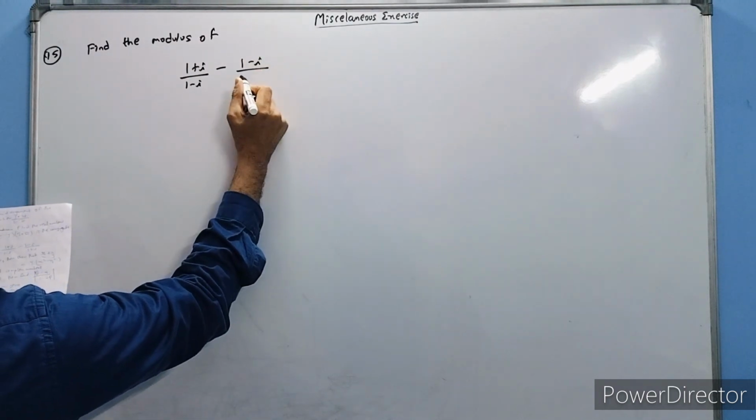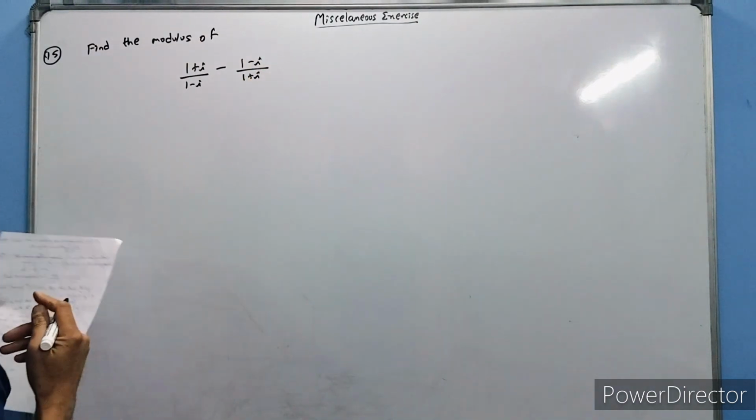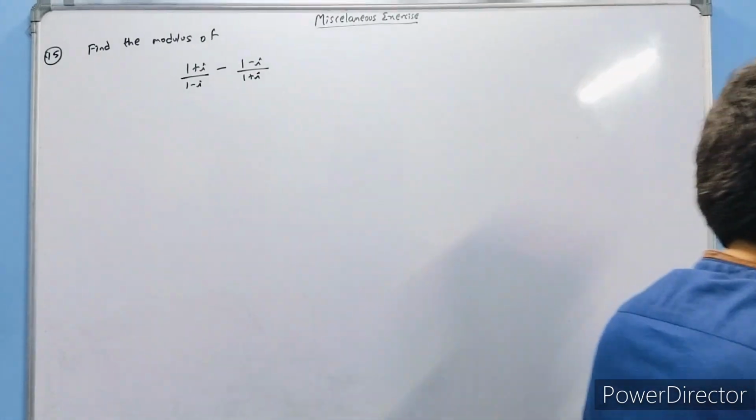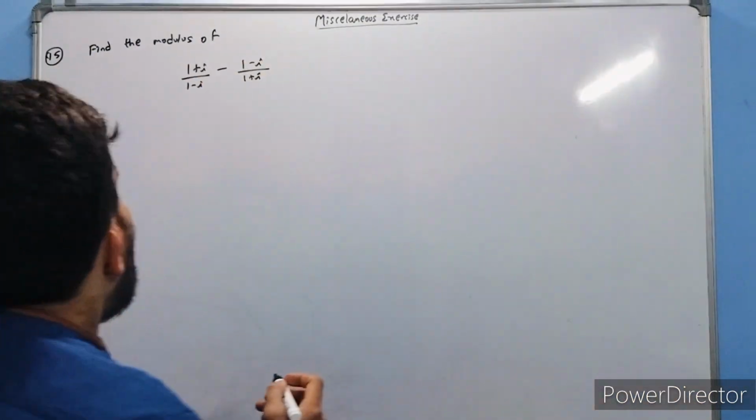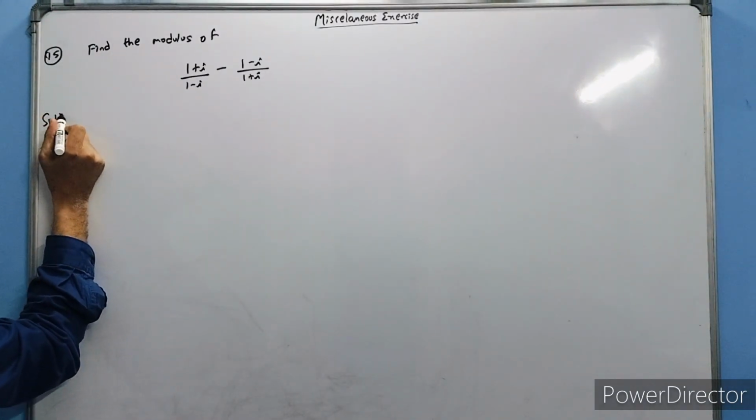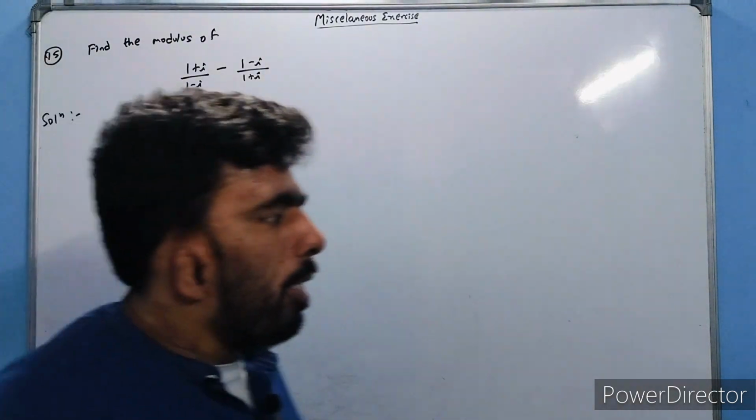Now what they have given in this 15th question is that we need to find the modulus of this expression: (1 plus i) upon (1 minus i) minus (1 minus i) upon (1 plus i). So we need to find the modulus of this. How to find it? Let us try to solve this. I hope it's clear to everyone.